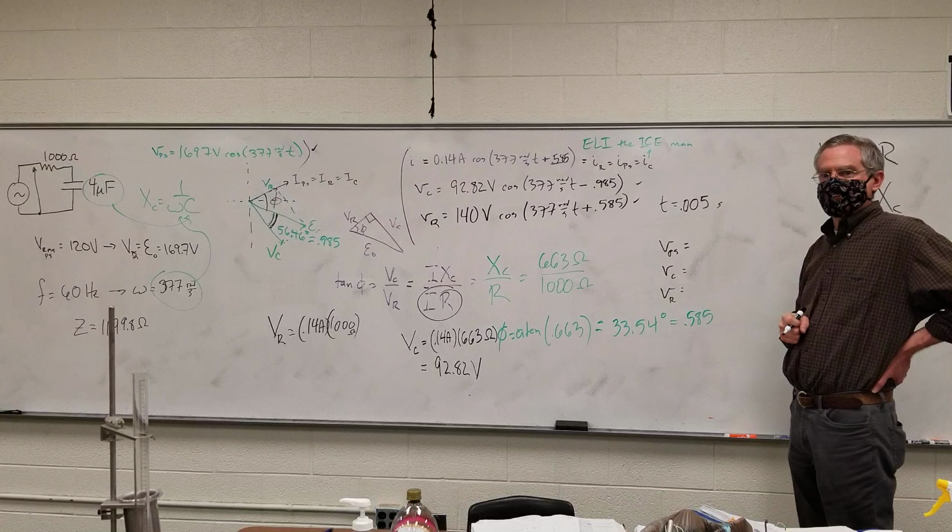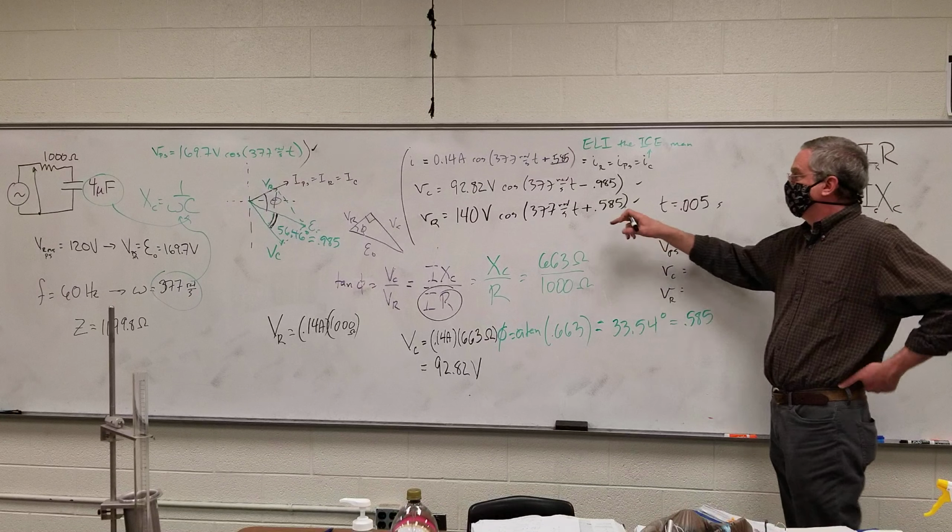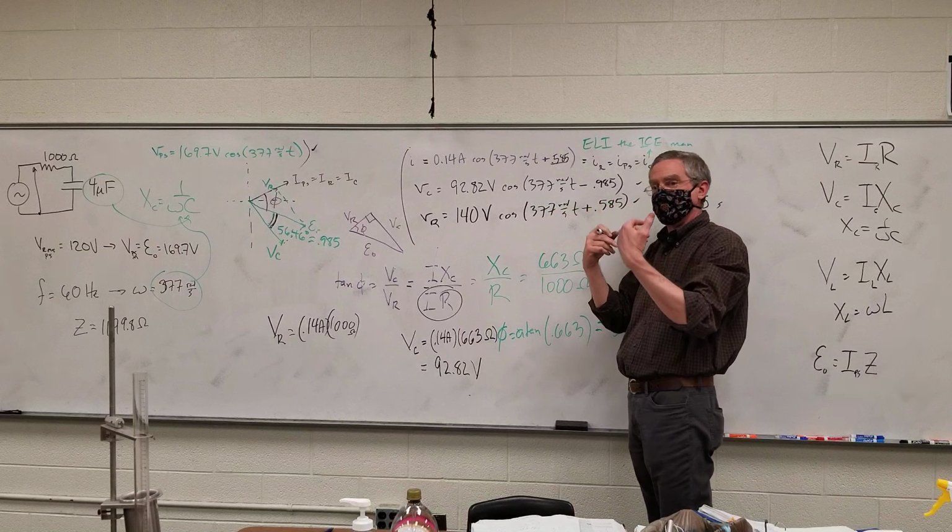Because if we're doing cosine with the radians inside, our calculator needs to be in radians, doesn't it? Or you need to, once you figure this out, do a conversion into degrees.